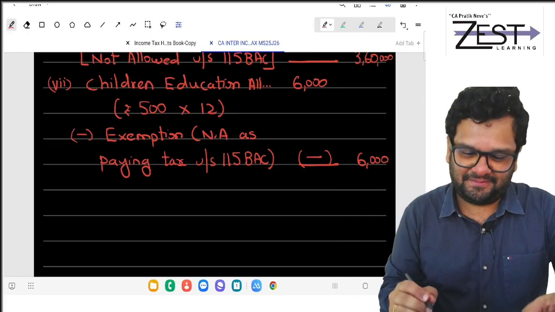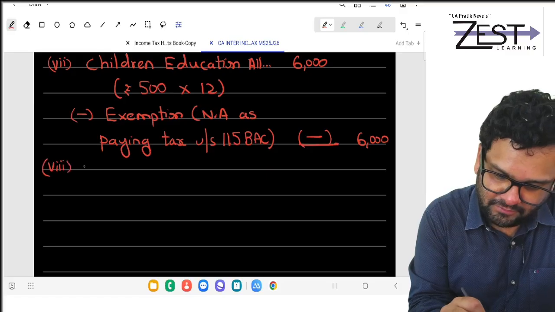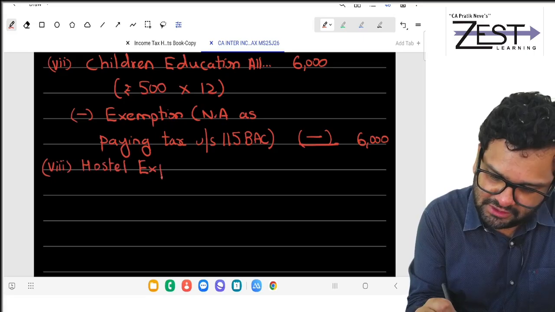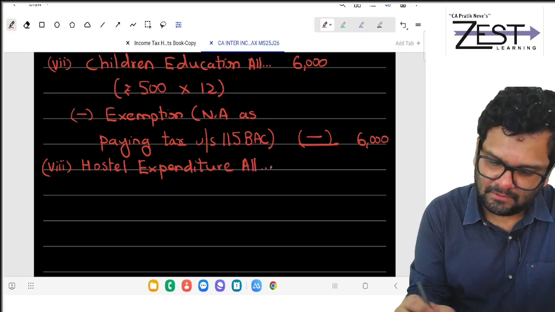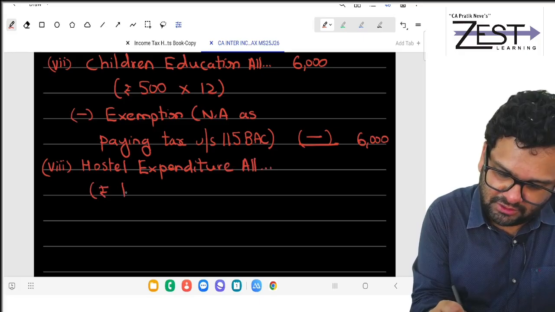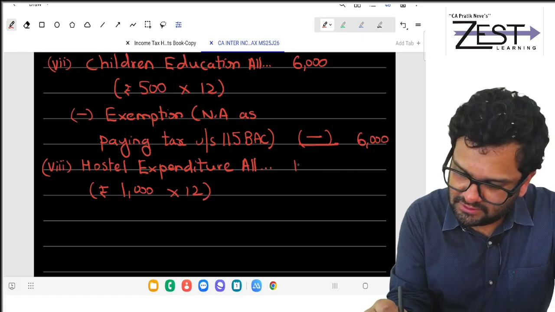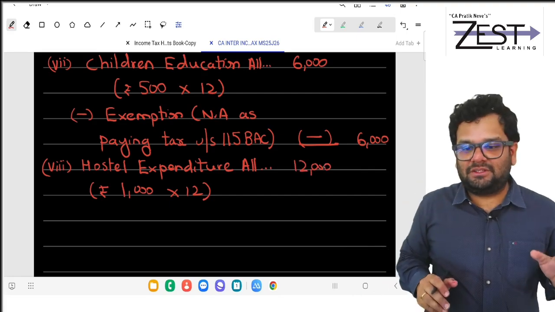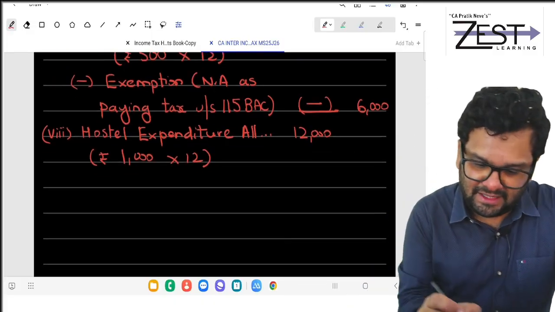What is next? Eighth point, hostel expenditure allowance. How much is received? Received is 1,000 per month into 12 months, 12,000. Same thing. 1,000 per month is received. It's not said per child. Less exempt.